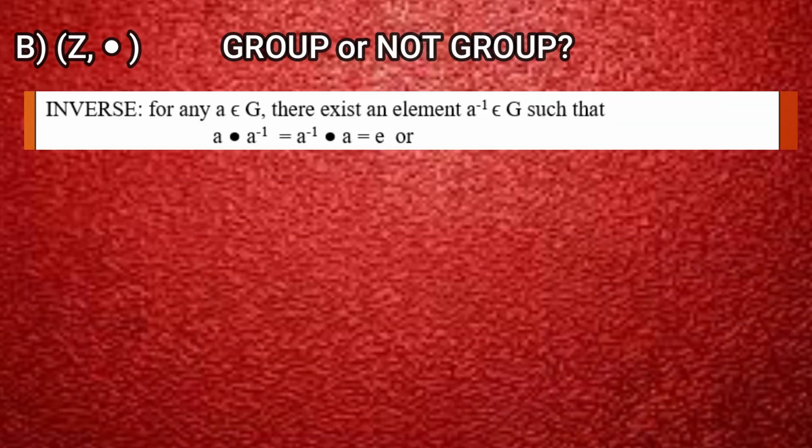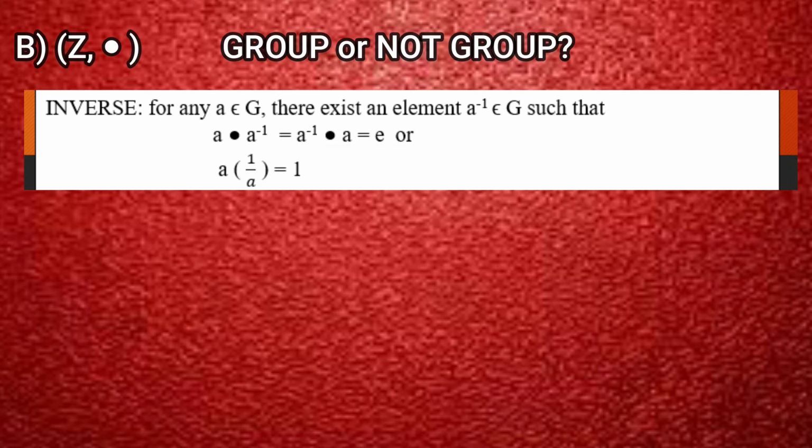In the inverse property, on Z under multiplication, it is known that A raised to negative 1 is the multiplicative inverse of A. So we can say that A times A inverse equals A inverse times A equals the identity element E, which is equal to 1.